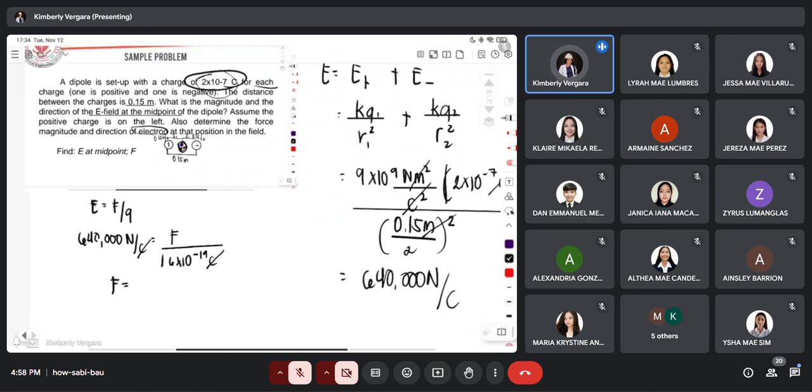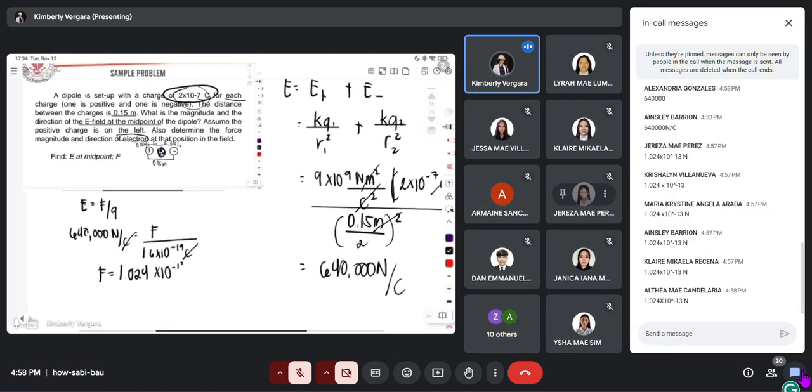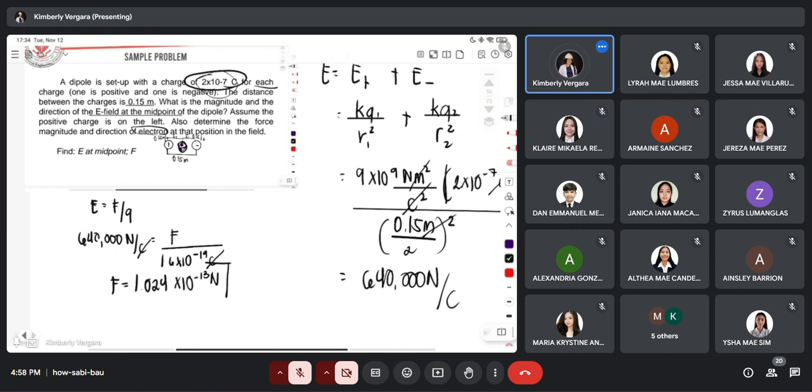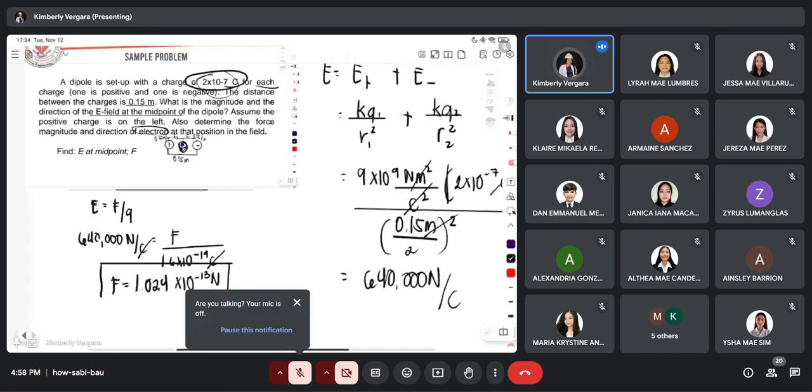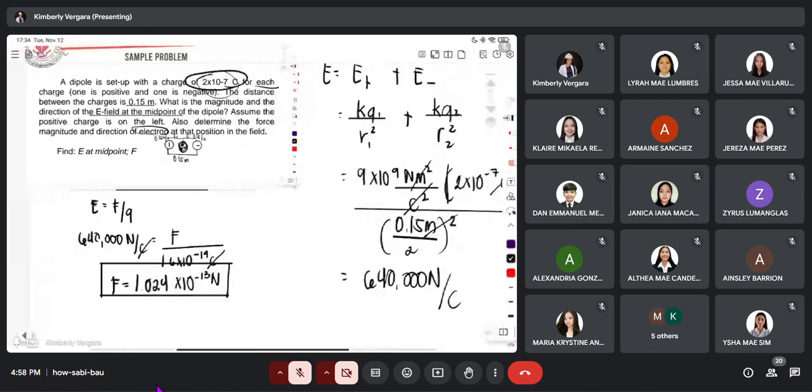Okay, so our answer is 1.024 times 10 raised to negative 13. So class, hanggang dito na lang muna ang ating discussion.